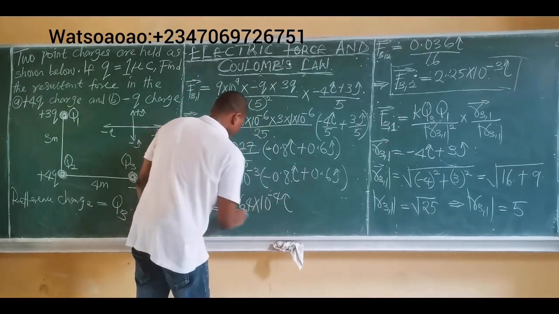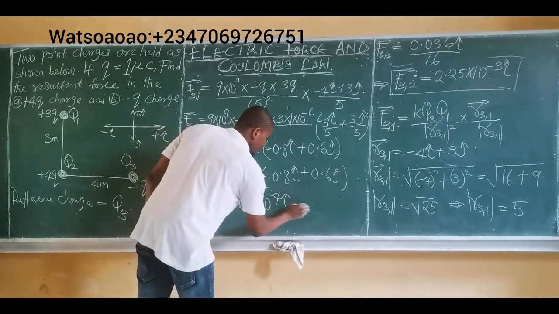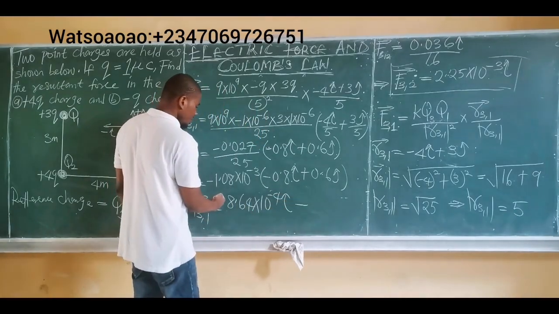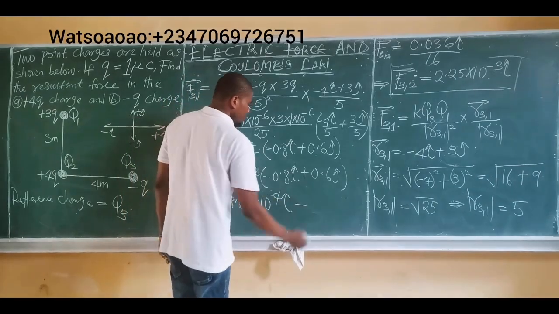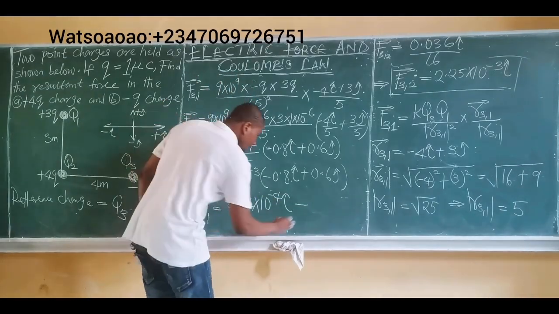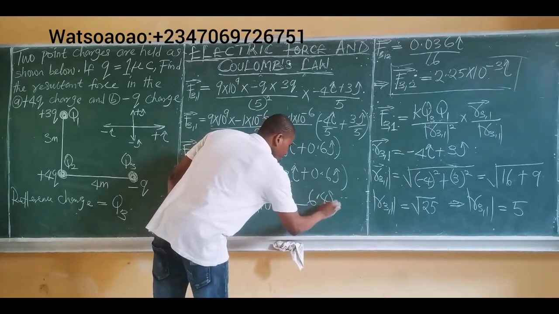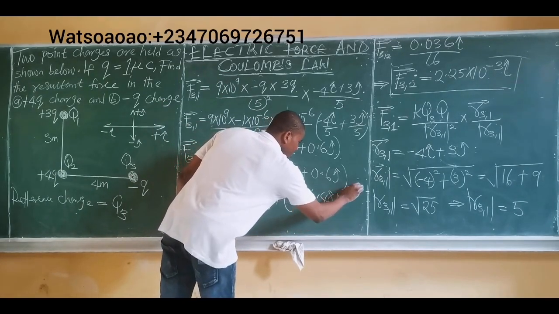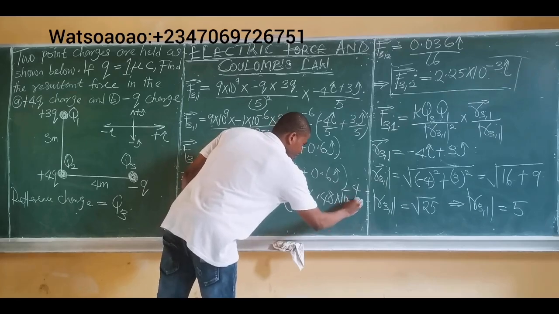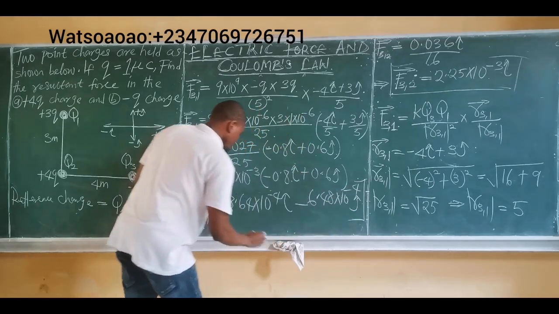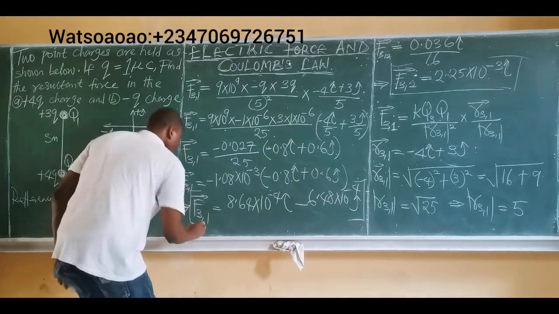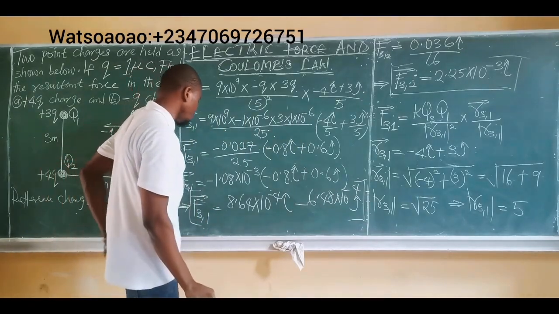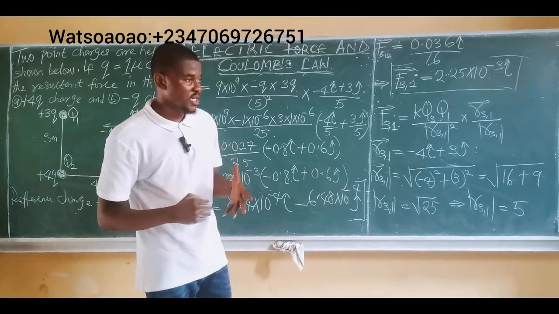Now negative times plus becomes negative, so let's obtain 1.08 by 10 to the power of negative 3 multiplied by 0.6. This gives us 6.48 by 10 to the power of negative 4 in the j direction. So this becomes the value of the force of attraction between charge 3 and charge 1.